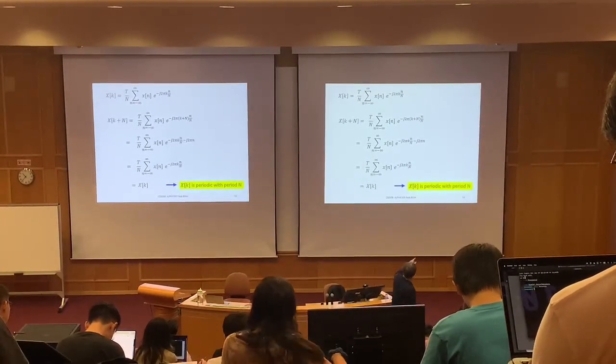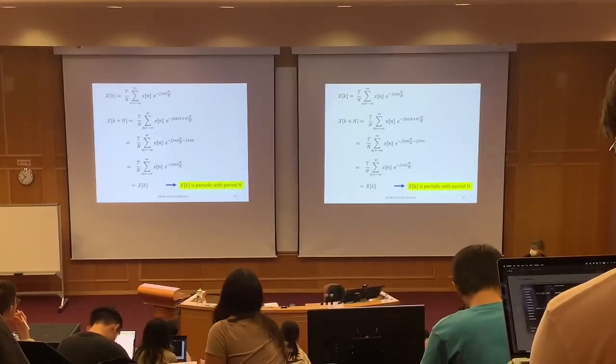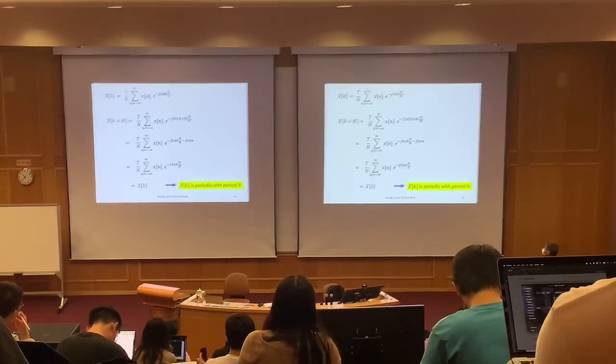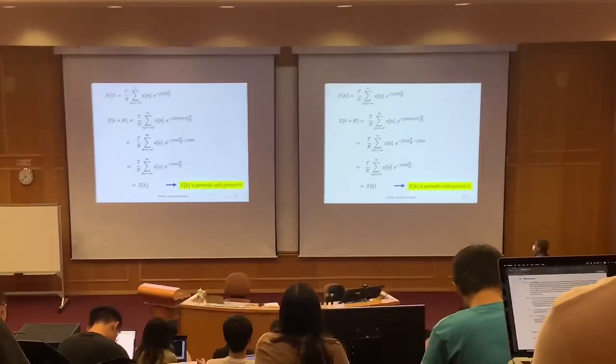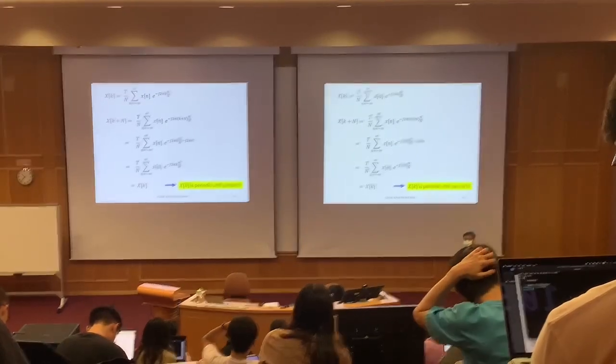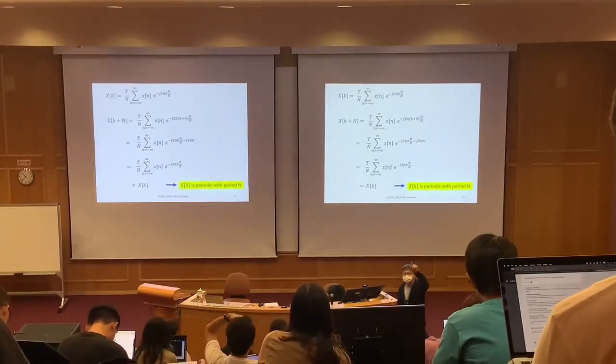I give you like 30 seconds to read through this. This is not difficult, right? e to the minus j2 pi n, what is e to the minus j2 pi n?